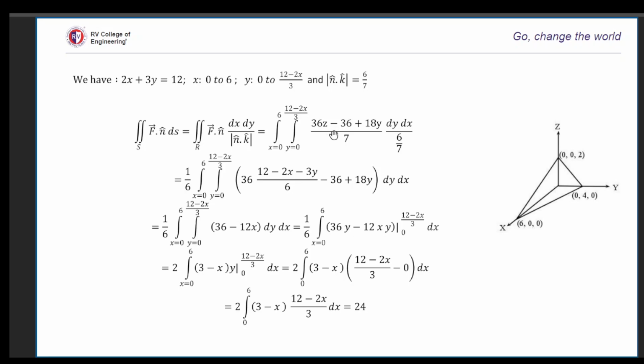Eliminating z from the plane equation, we can compute the integrand, which turns out to be 36y minus 12xy. Taking the projection onto the xy plane, we have this area element, followed by n dot k, which is 6 by 7.